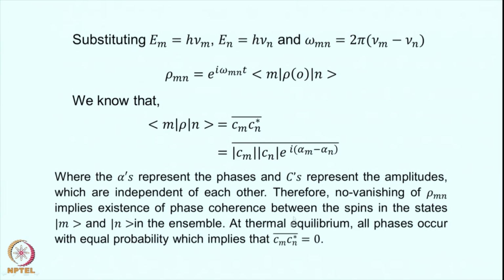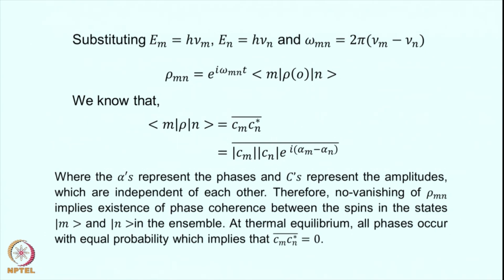So therefore at equilibrium, these off diagonal elements of the density matrix are 0, and if there is a deviation from equilibrium, then you will have off diagonal elements non-zero. We showed in the very beginning that if there is an off diagonal element of the density matrix which is non-zero, that amounts to transverse magnetization Ix or Iy, right.